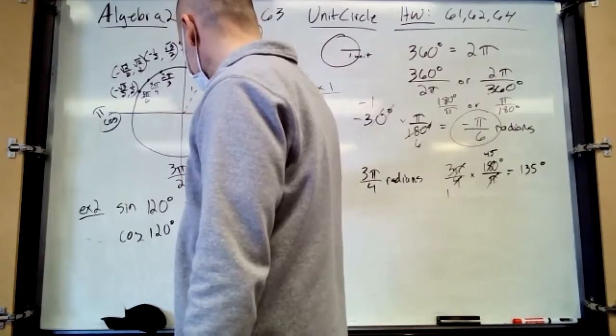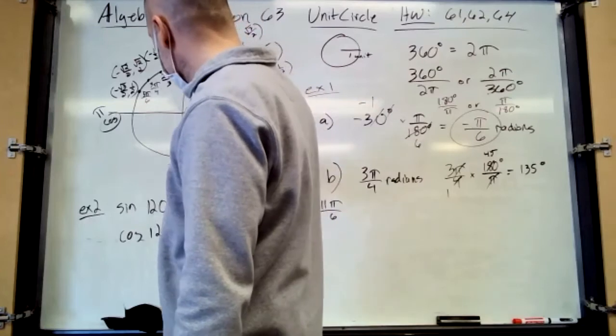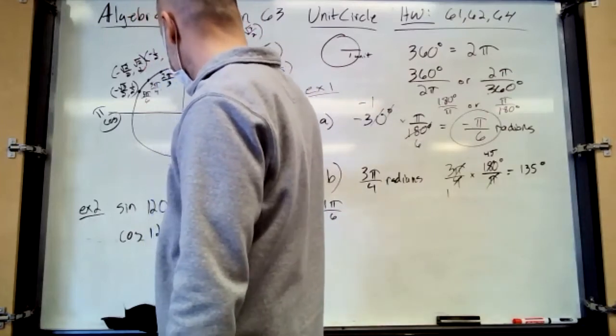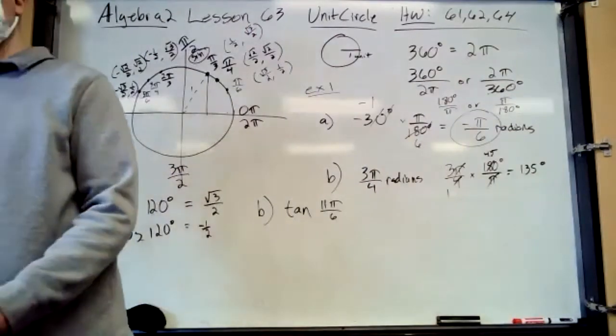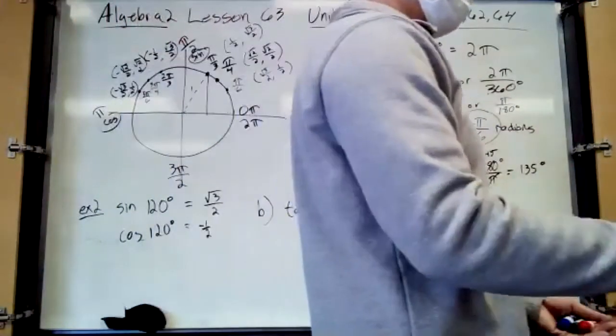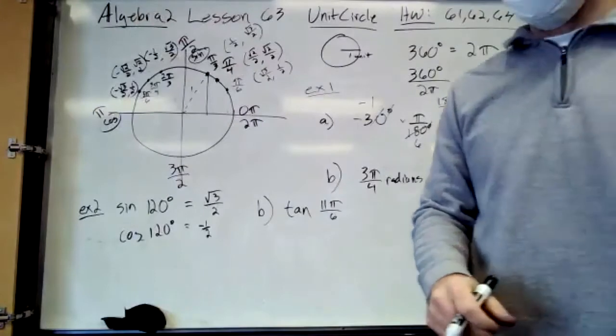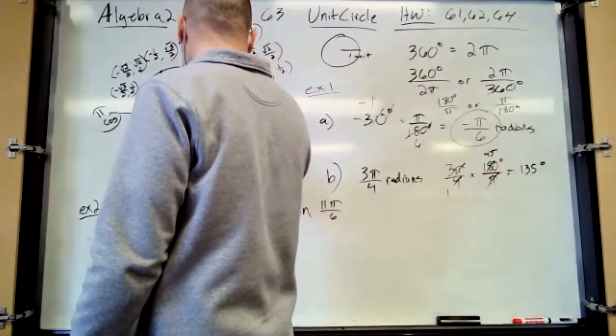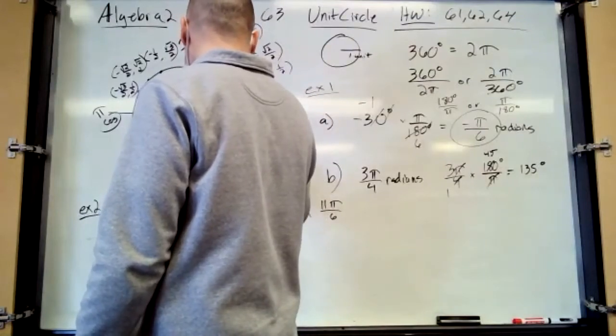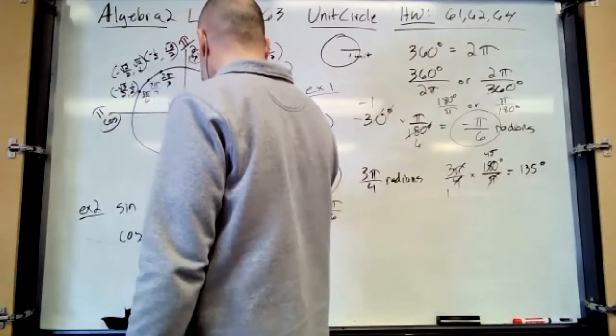So a couple more would be, let's see here. 11 pi over 6. You guys want to convert that? So 180 times 11. So 330 degrees, which is about right there. So there's 11 pi over 6.